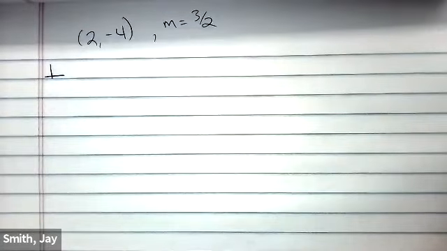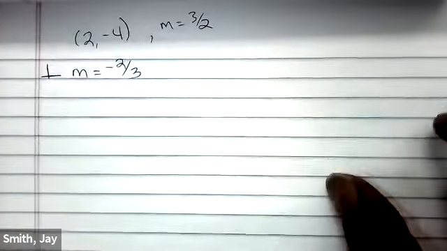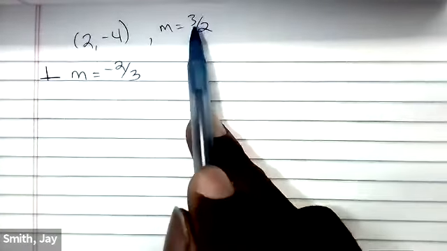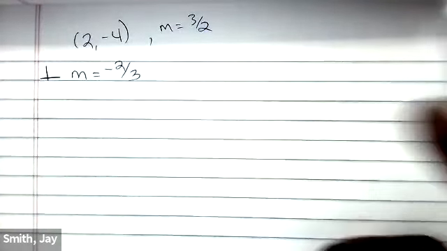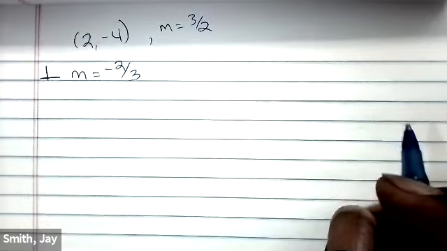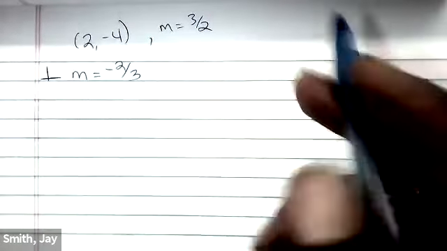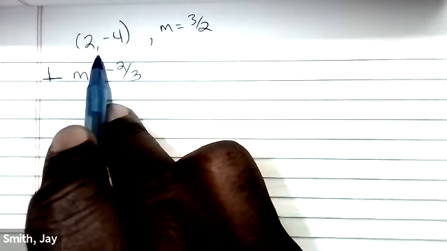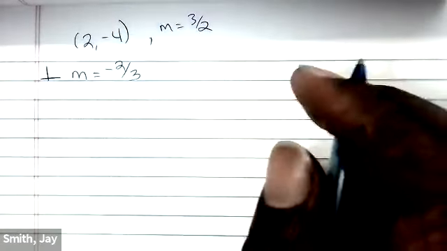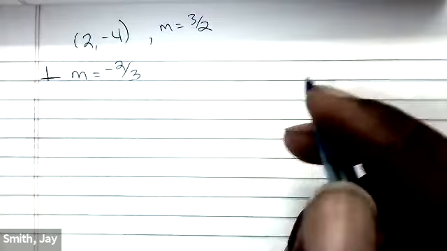So this is the slope that we're starting with, 3/2. If it's perpendicular, this means that the slope that we're dealing with is a negative 2/3. Opposite sign, went from positive to negative, flip the fraction. That's the relationship the perpendicular lines have with their slopes. So now that we have our new slope, we already have the point 2, -4. We can solve for the equation of a line that's perpendicular to it.